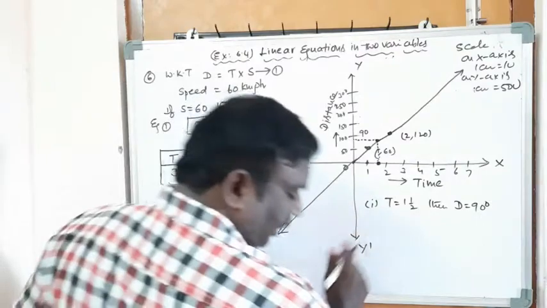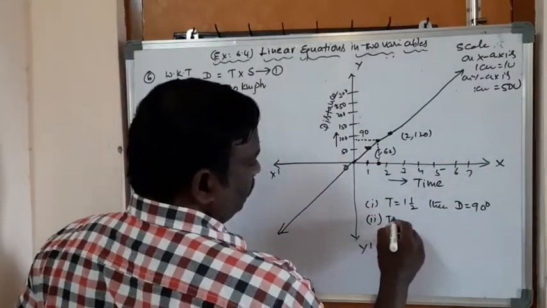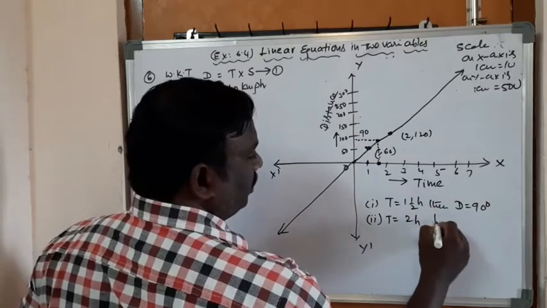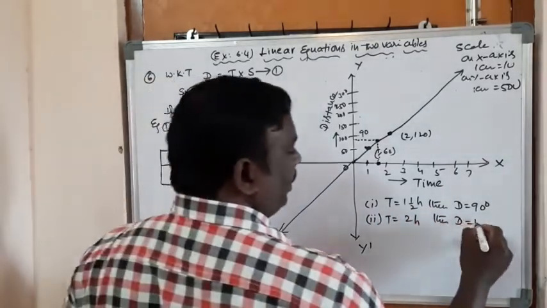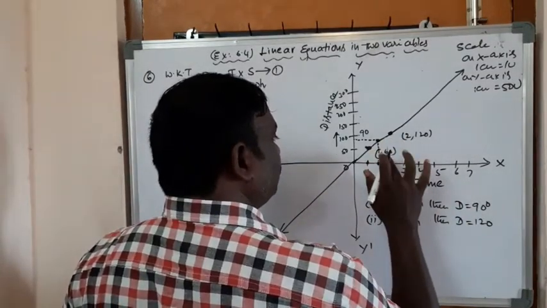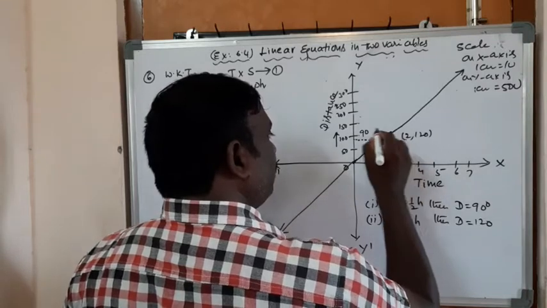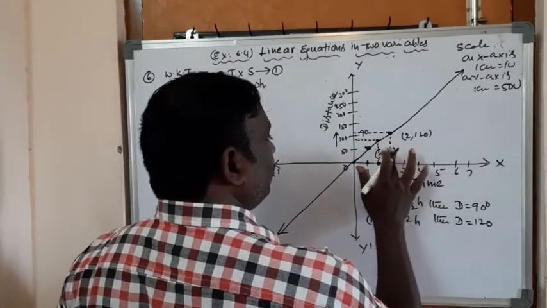And second one, if t equal to 2 hours, then distance equal to, already we got here, 120. So 2 hours, this one, and here it will come 120.